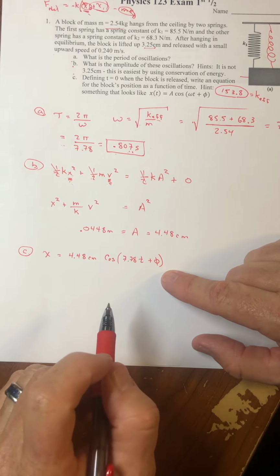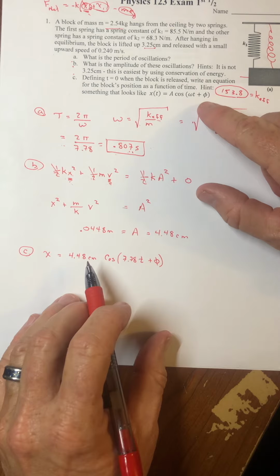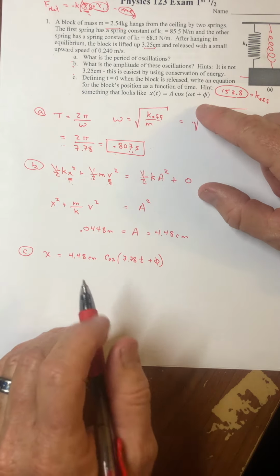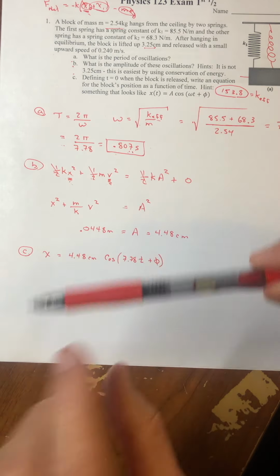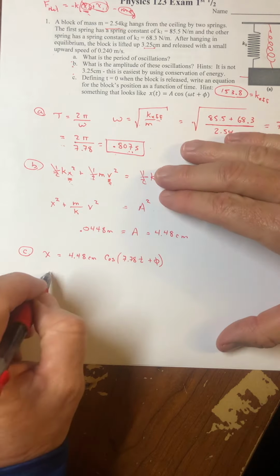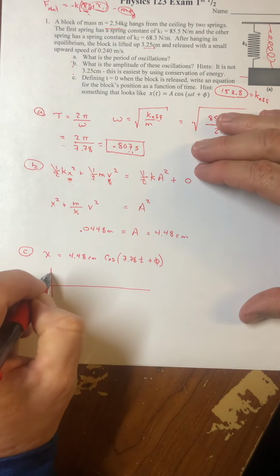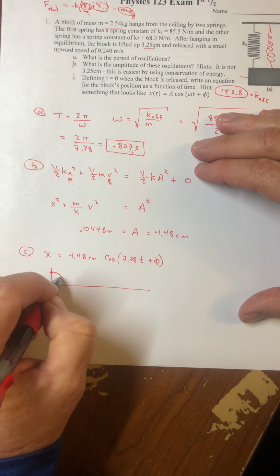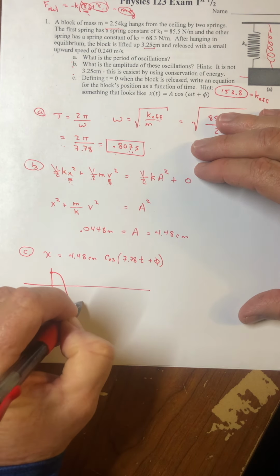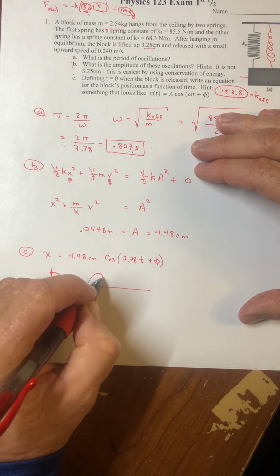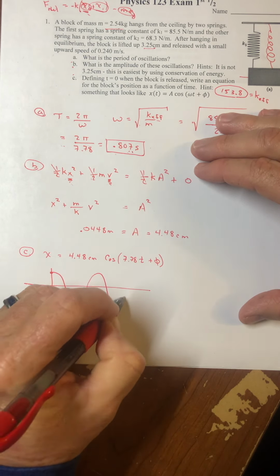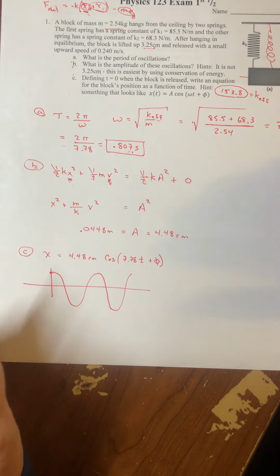We know it's not 0 because a 0 would mean, well, let me just draw a cosine function. A cosine function looks a lot like this.